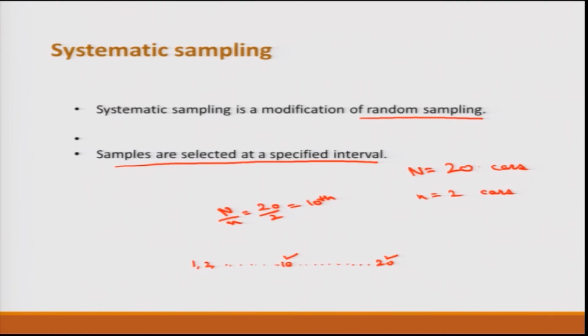If the population is 200 and we need to select 20 cars, then this ratio will again be 200 by 20, that is every 10th car. We will select 10th, 20th, 30th, 40th, and so on up to the 200th element here.